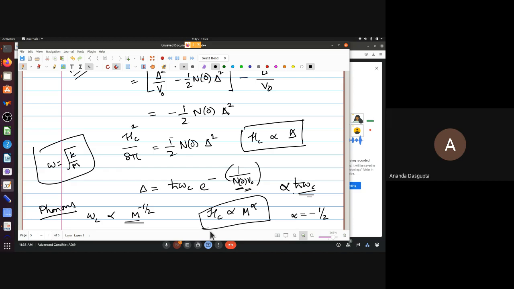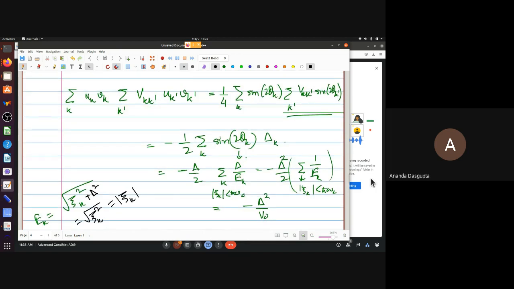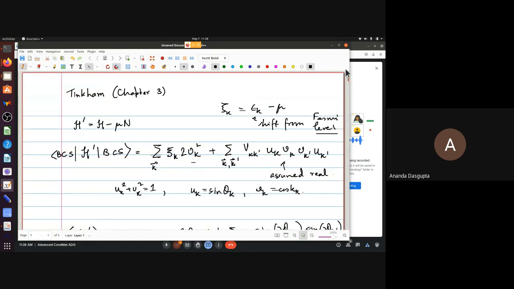So the calculation will be very similar. Basically, you have a complicated Hamiltonian to begin with. I guess I did not even write down that complicated Hamiltonian today, because I started with the solution. The Hamiltonian, of course, was... but this particular problem becomes very difficult to solve if you wanted to find the eigenvalue.